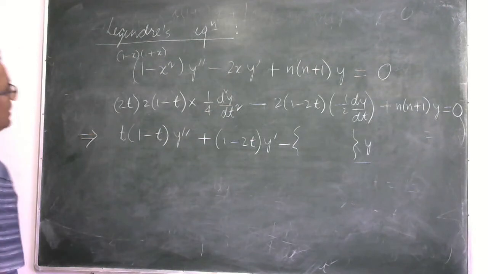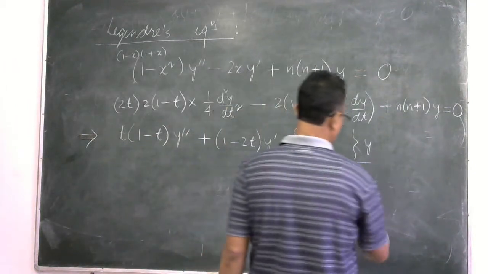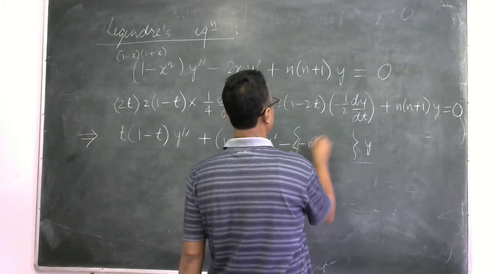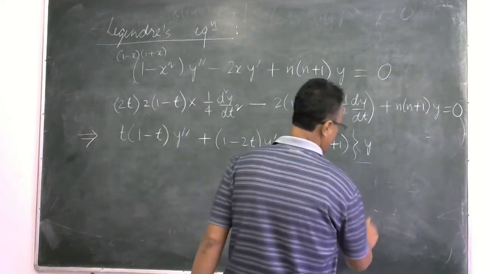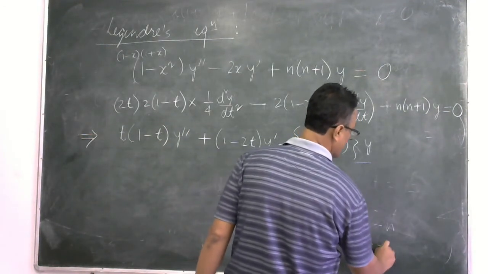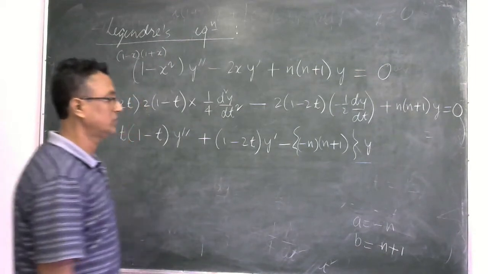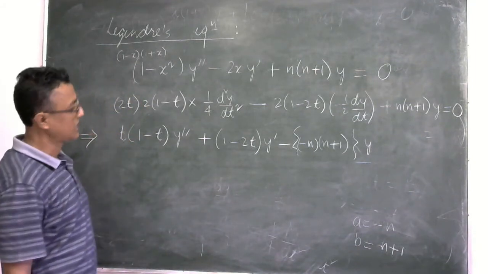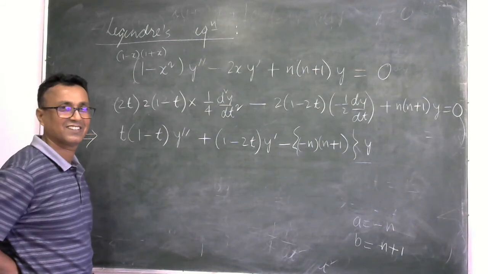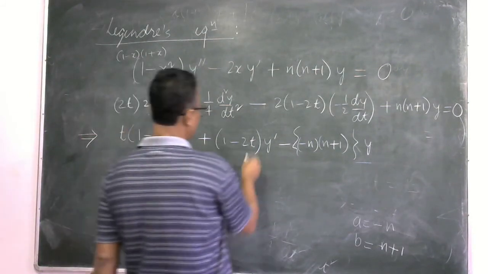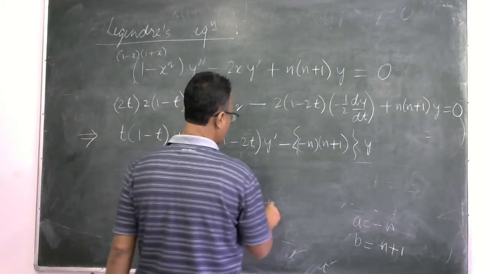Okay. So in order to convert it into Gauss's hypergeometric equation, can you tell me what A, B are? I'm giving you a hint. So A equal to minus n, B equal to n plus 1. Okay. Fine. So A plus B equal to what? 1. See, I want these two as a plus b plus 1.